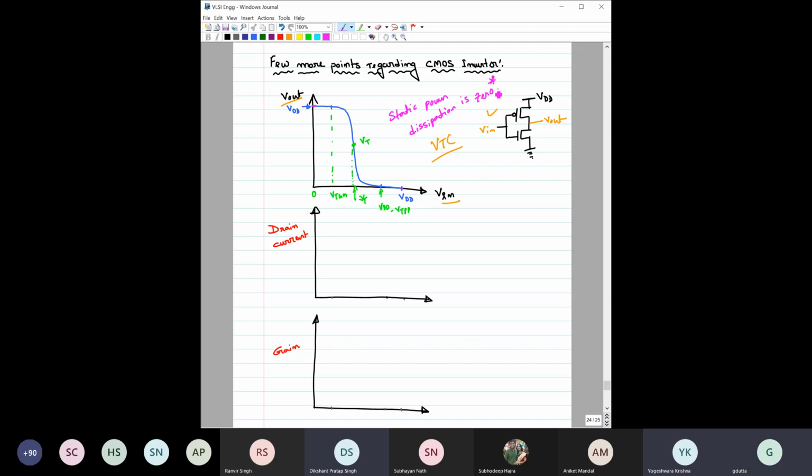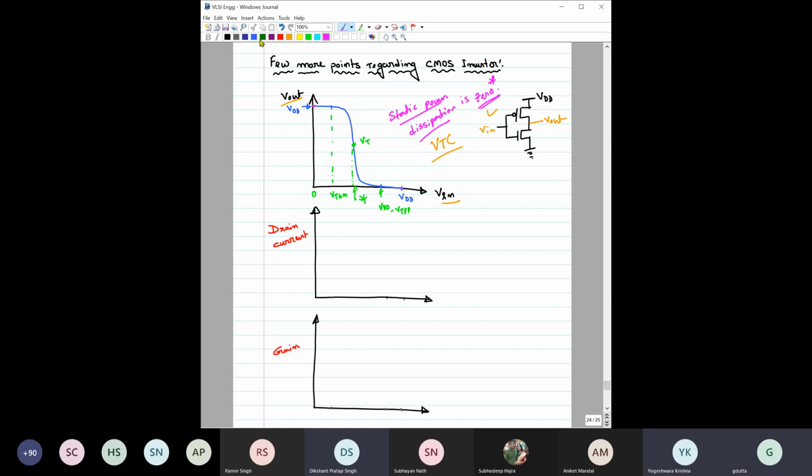Again, I am putting a star here because ideally it is 0, but practically it is not, because MOSFET does have some leakage current. So as a result, you will have some static power dissipation as well. But it is not due to both transistors being on at the same time, right? So static power dissipation is 0.